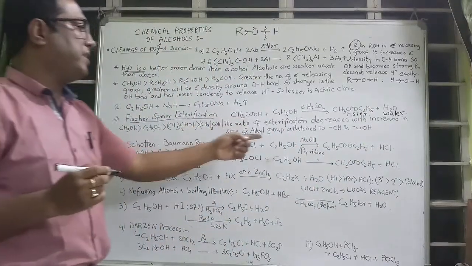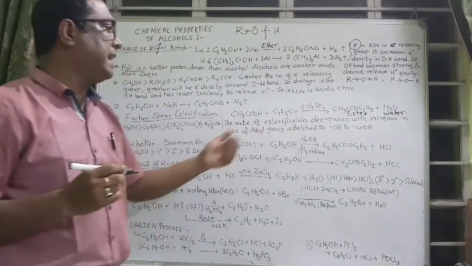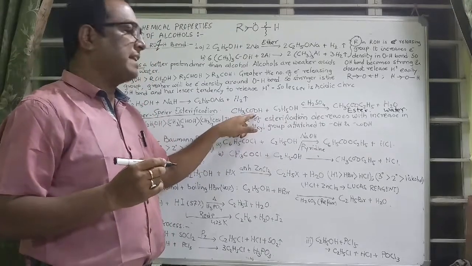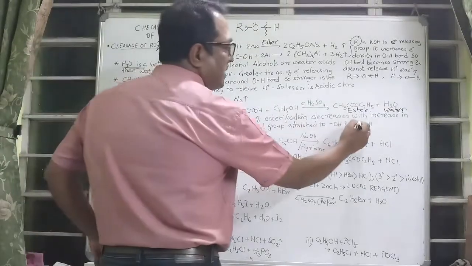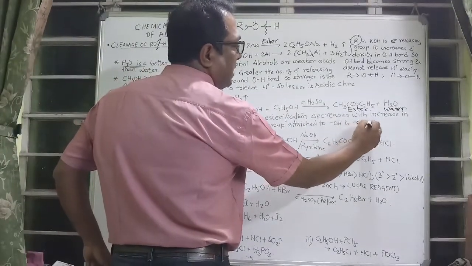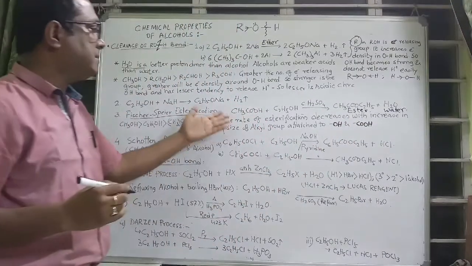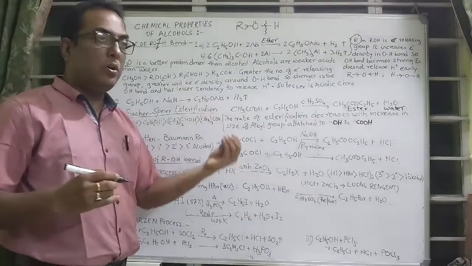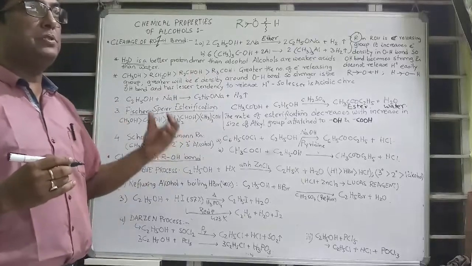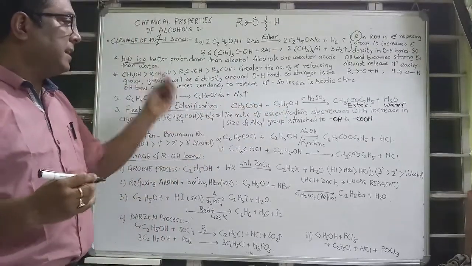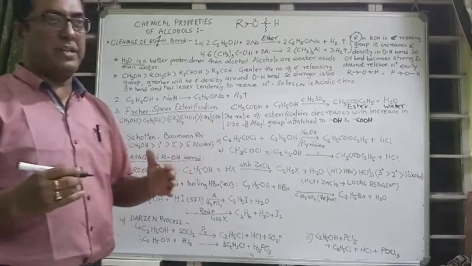The rate of esterification decreases with the increase of the alkyl group attached to the alcohol or the acidic part. So this is COOH and OH. The more alkyl groups you have on the alcohol and the acid, the more the esterification will decrease.